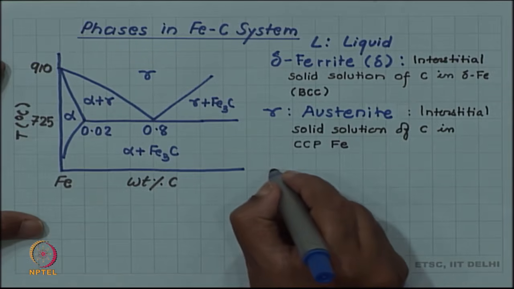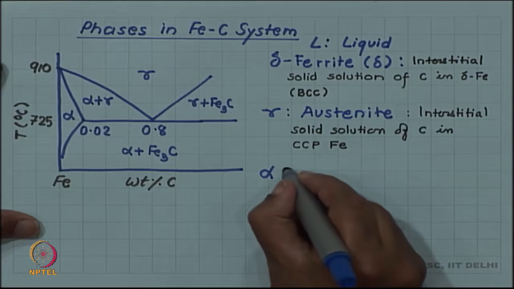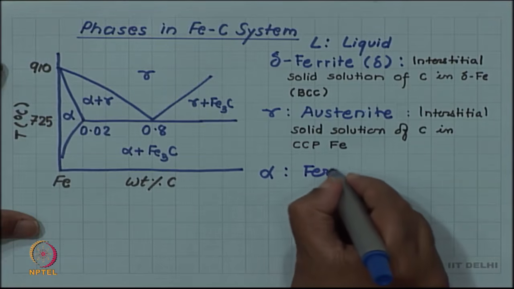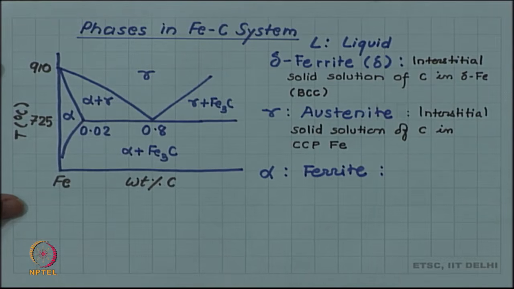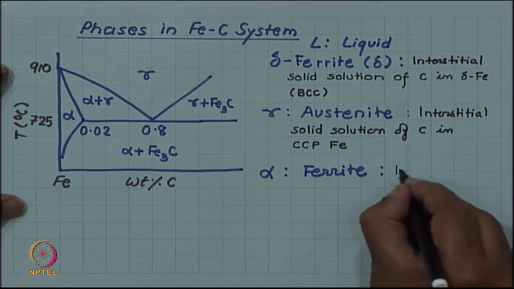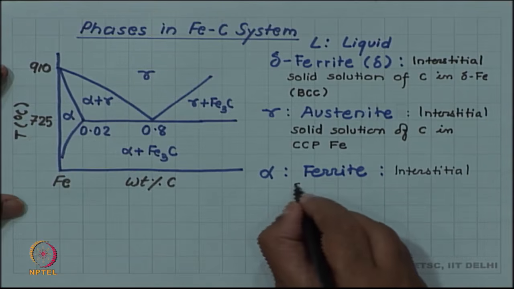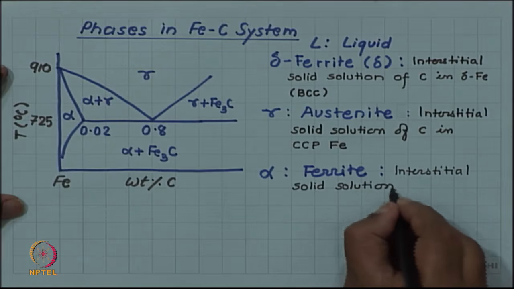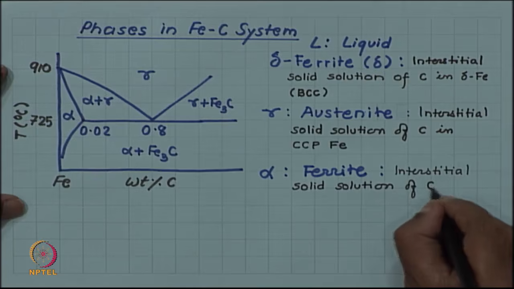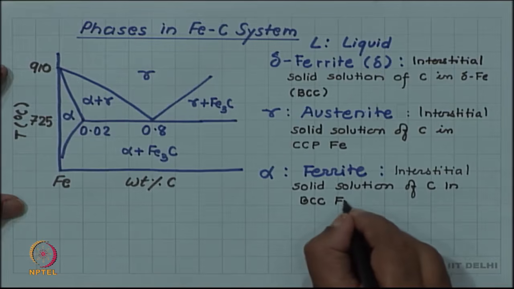Then you have alpha, which is simply known as ferrite. This is in the lower part of the diagram here, that is the region of alpha. This is again an interstitial solid solution of carbon in BCC iron.